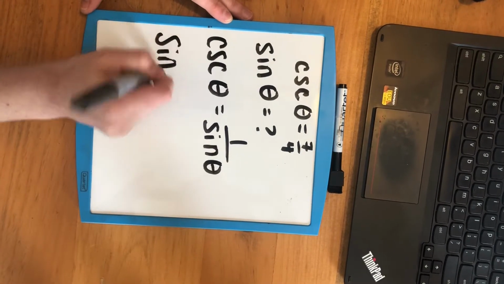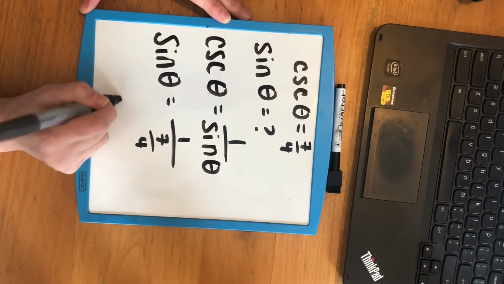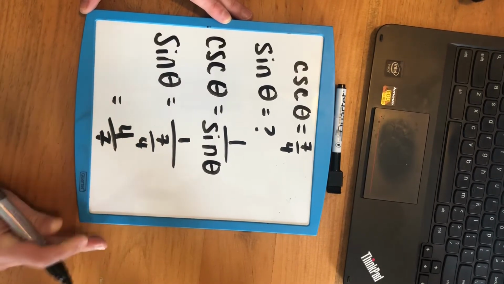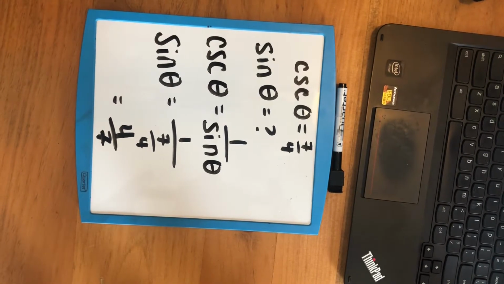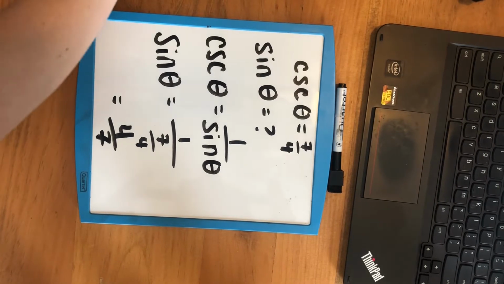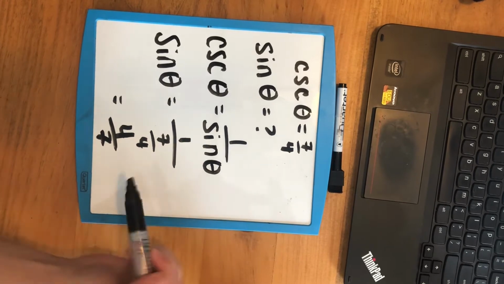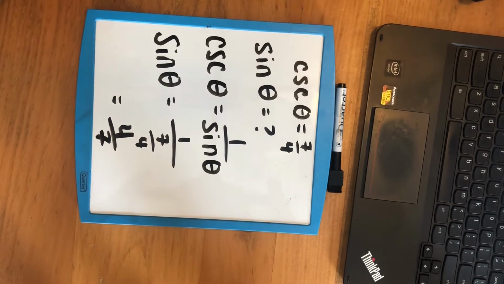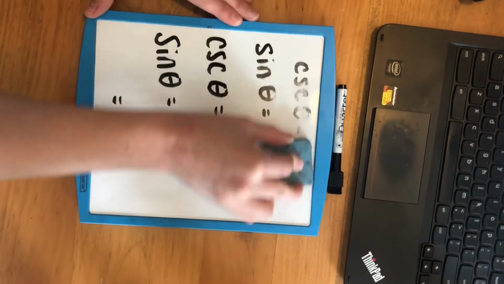So sine theta equals 1 over 7/4, which equals 4/7 in this case, right? So reciprocal means that the numerator and the denominator of the fraction flips. So when we're given something in fraction form, essentially to do 1 over it, the numerator and the denominator reverse, or they divide. Okay.